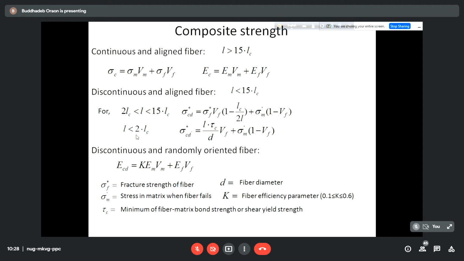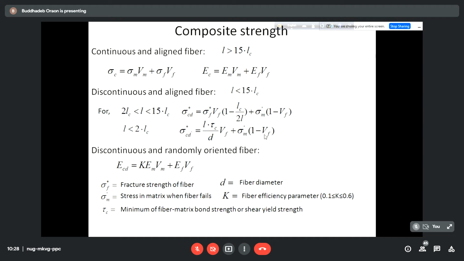And if the length of the fiber is still less than 2 lc, where we will not get effective reinforcement, but we are interested in calculating the tensile strength of the discontinuous fiber, then we can use this equation.